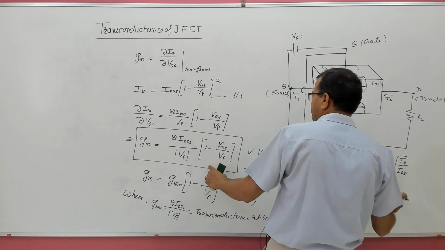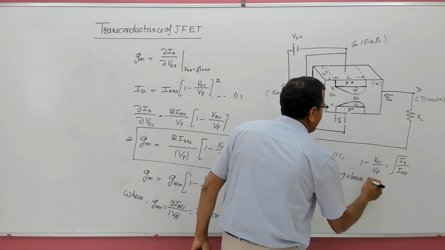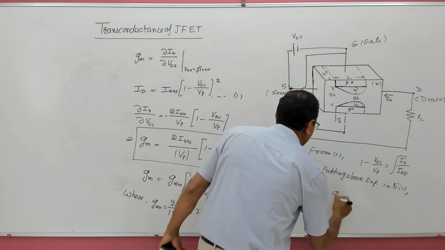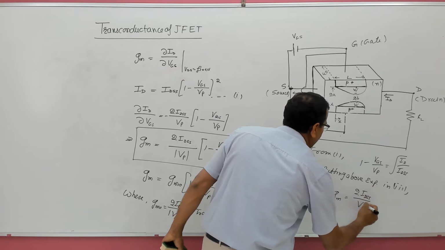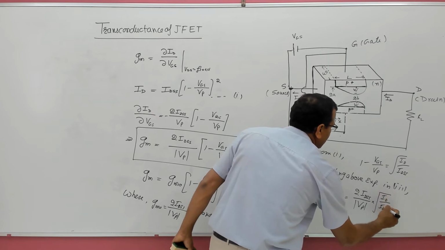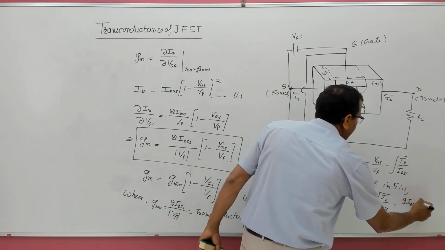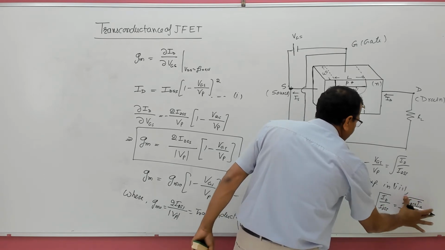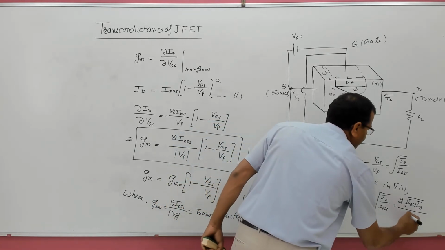Putting the above expression in equation number 3, we get GM equal to 2 IDSS upon VP magnitude multiplied by under root ID upon IDSS, or this gives 2 under root of IDSS into ID divided by the magnitude of pinch-off voltage.